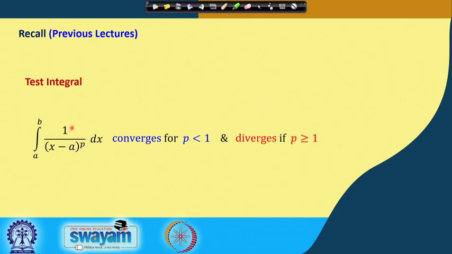This is an improper integral of type 2 because the integrand is unbounded when x goes to a. Today we will use this test integral to prove the convergence of other integrals. This integral converges when p is strictly less than 1, and diverges if p is greater than or equal to 1.